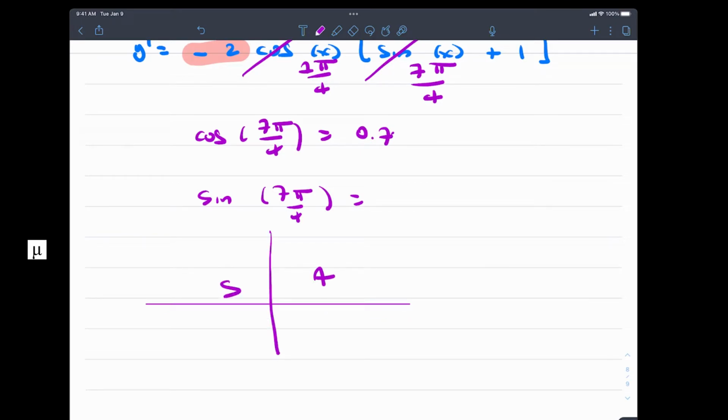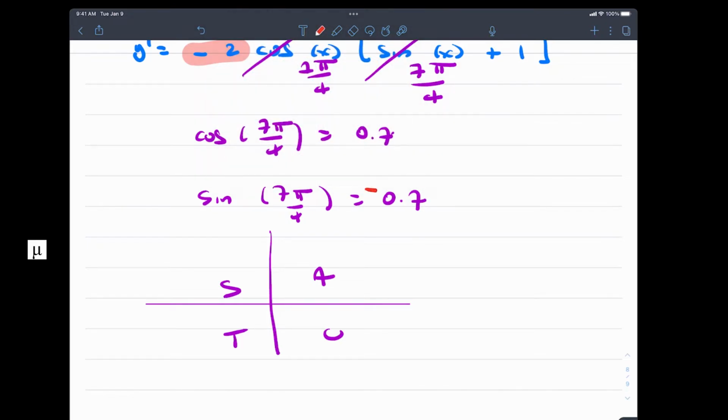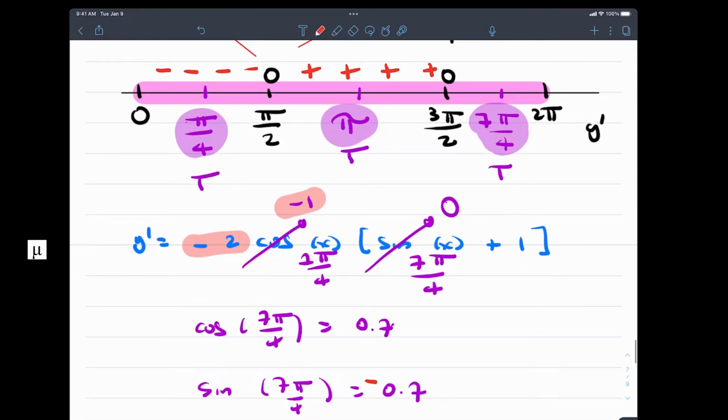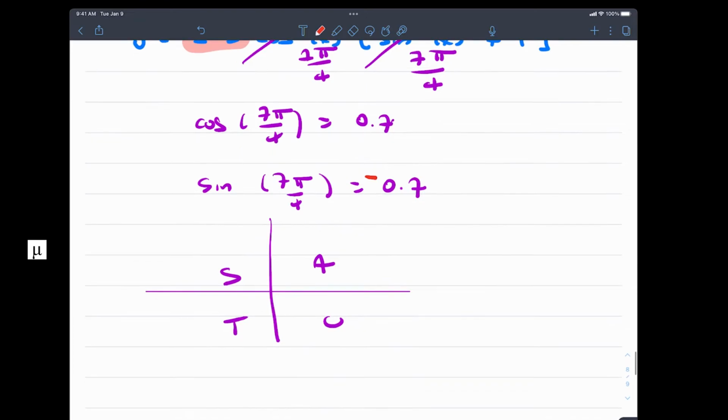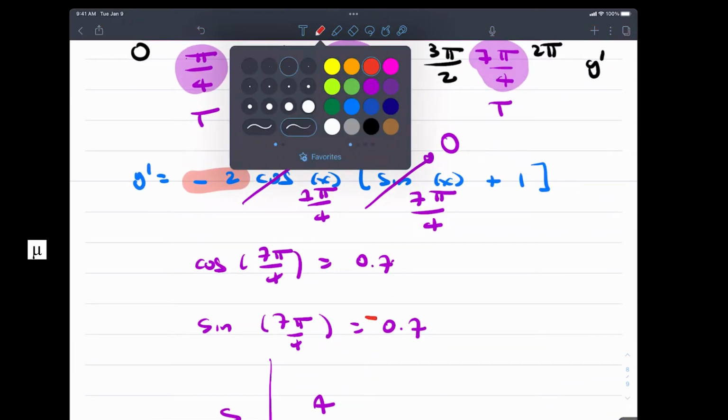All students take calculus. So what does that mean? Cosine's positive, but sine is negative. Is that true? In quadrant 4? Okay. So cosine is positive 0.7, and sine is negative 0.7.